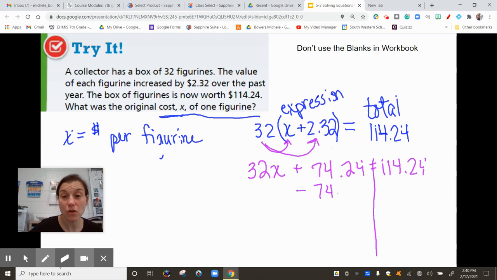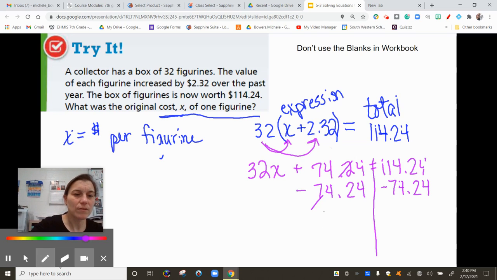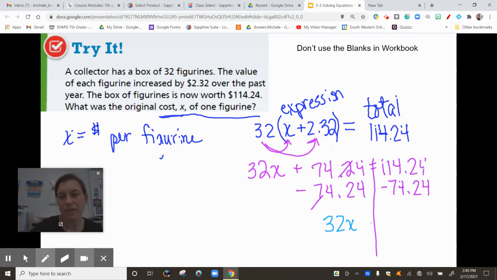So you can go ahead and solve it in your book. And if you want, listen or periodically look up and see if yours matches. When I subtract $74.24 from both sides, this one goes away, and I'm left with 32x over here. And when I subtract these, I get $40. So 32 times x equals 40.